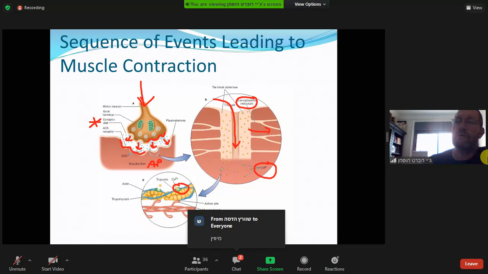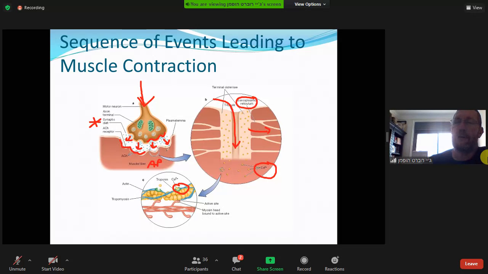The acetylcholine then crosses the cleft, attaches to the postsynaptic membrane receptor, creating an action potential, sending that electrical signal down the transverse tubule, releasing calcium from the sarcoplasmic reticulum. Calcium then binds to the troponin molecule, causing tropomyosin to shift, exposing the active site on actin, allowing the myosin head to attach.